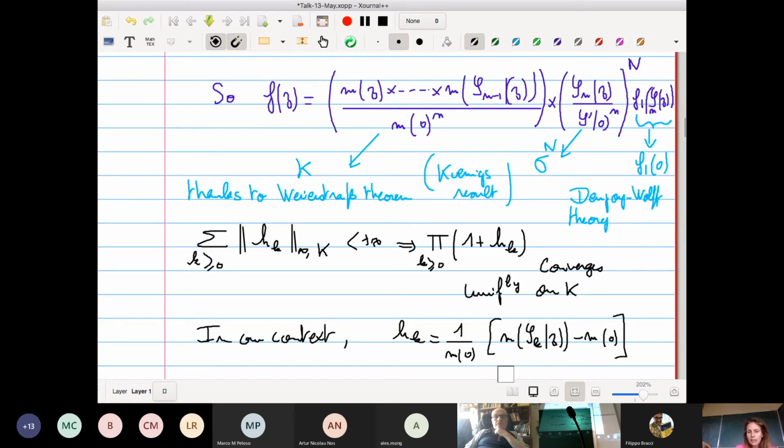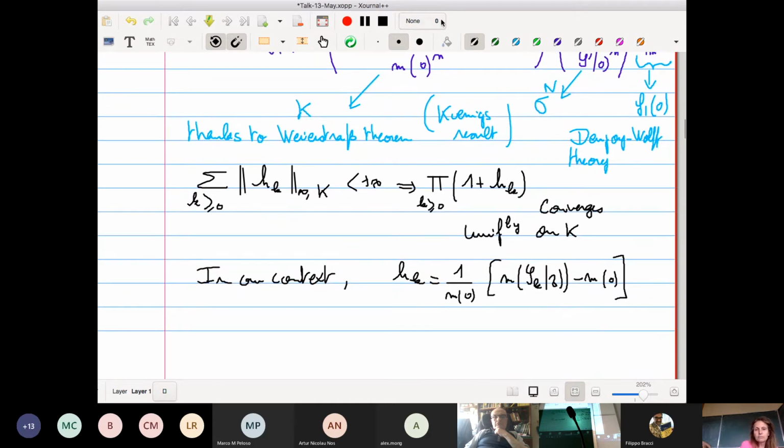That's the key to prove that hk is less than a certain constant times the derivative at 0 to the k plus 1 on a compact.